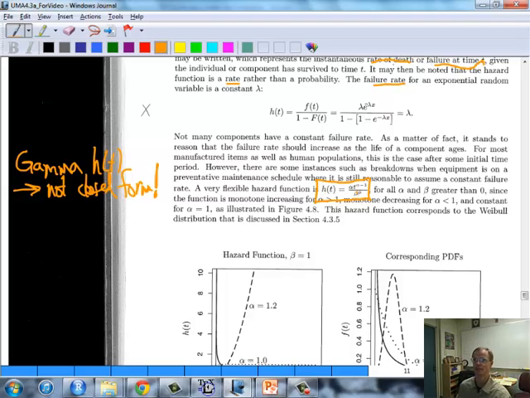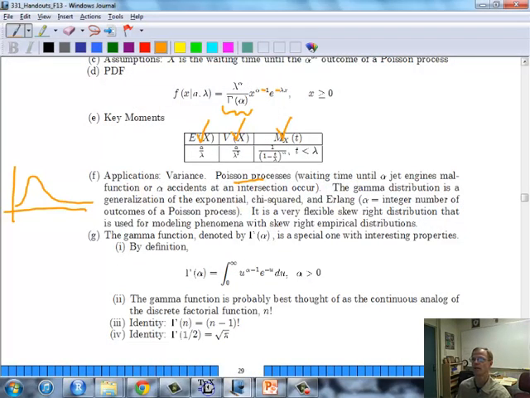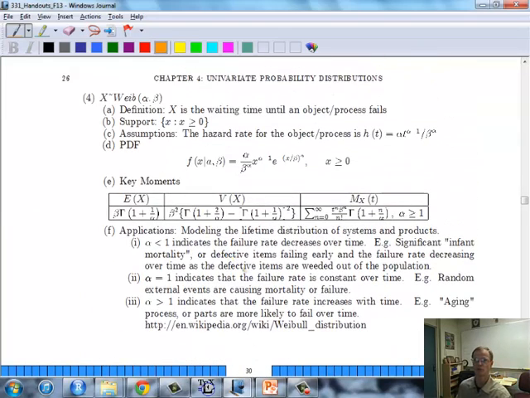So that's fixed. And then when alpha goes less than 1, then it changes its behavior the other direction. And let me try to hit that in our notes. What's going to turn out to happen is we're going to derive, using the PDF relationship to the hazard function, a new random variable, and it's going to be called the Weibull random variable.